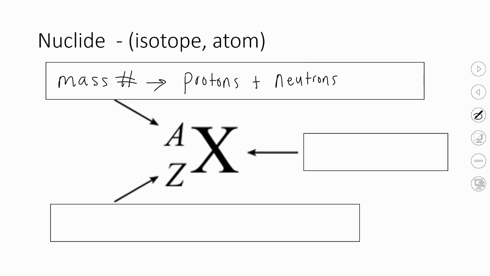Okay, and then this is the element symbol. And then what was this one? Subscript. What does the subscript represent here? This is called the atomic number.